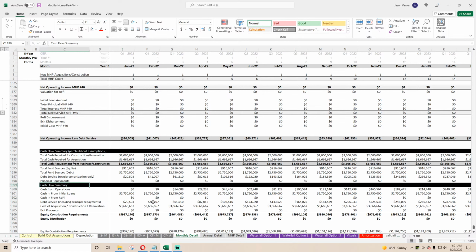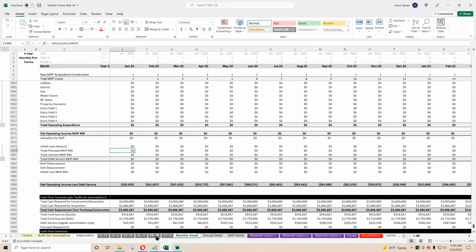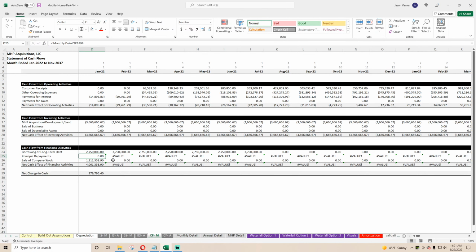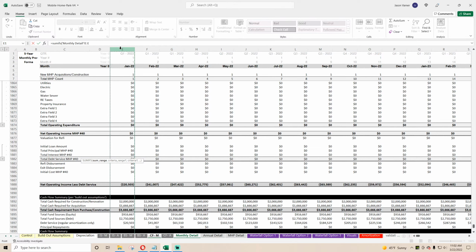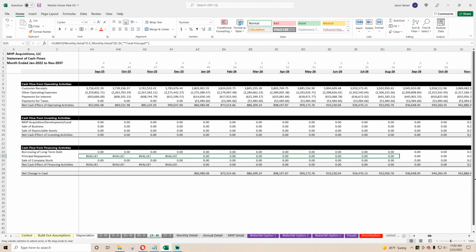All right, so what I'm going to do, I see, I can reference this here, total principal. So total principal is going to be sumifs, monthly detail E, if C has the text total principal. There's the 5,607 I was looking for. Now we can drag this over.